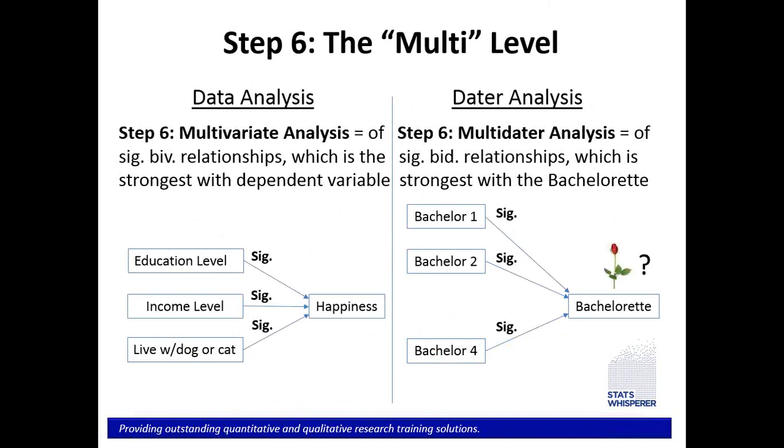But anyway, step 6 in data analysis, the multivariate analysis, is about the same thing, right? So we're considering all the predictors that have a significant bivariate one-on-one relationship with the dependent variable happiness. And through multivariate analysis, we'll determine which of those predictors has the strongest relationship with happiness. If happiness could give a rose, it would give it to one of these predictors.